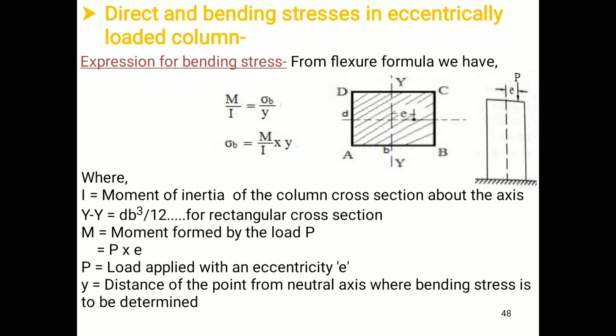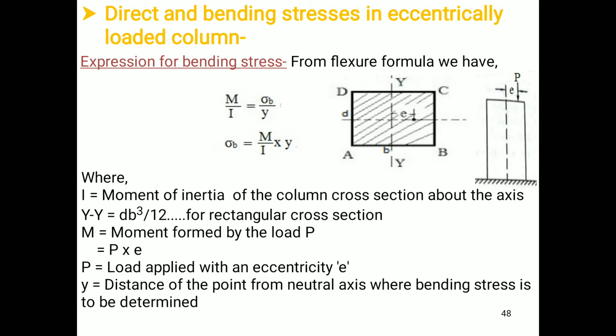Where I is the moment of inertia of the column cross section about the axis YY, because our load is eccentric about the YY axis. Therefore we consider I equal to I_YY, which is d b cube by 12.